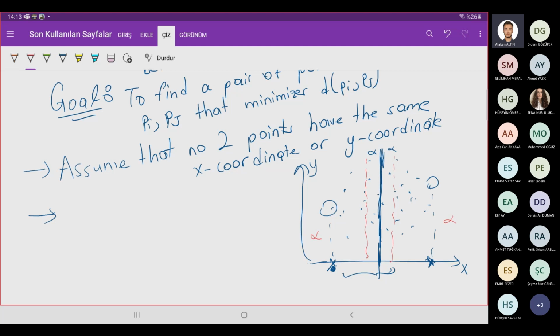So that's the headlines of what we will focus on this week. Assume that no 2 points have the same x coordinate or y coordinate. Divide the area into 2 halves.